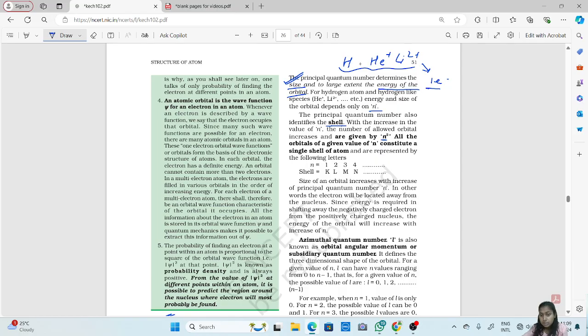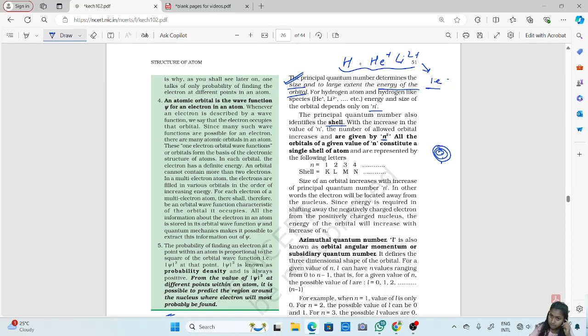Now, if this is the nucleus, around the nucleus these are the orbits. These orbits have various concentric circles in them. Those are known as shells. Okay, so there are K, L, M, N shells. Okay, this is K, this is L, this is M, then N, and so on.